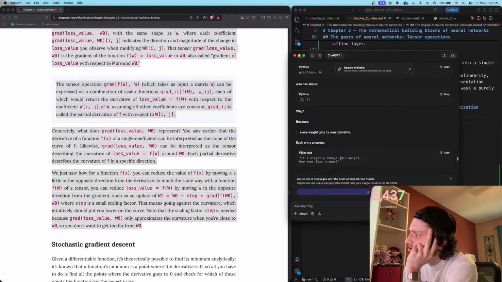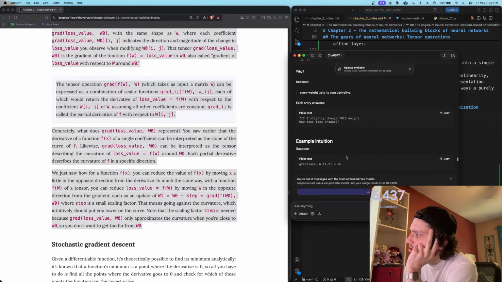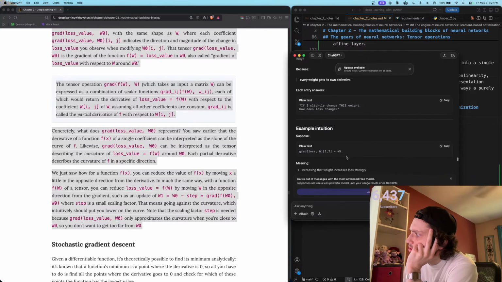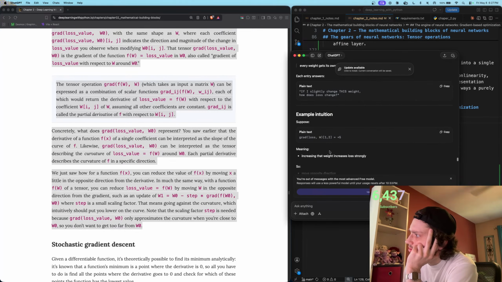Each entry answers, if I slightly change this weight, how does loss change? Suppose this, meaning increasing that weight increases loss strongly. So we compute a gradient.